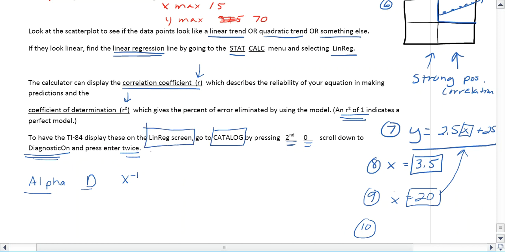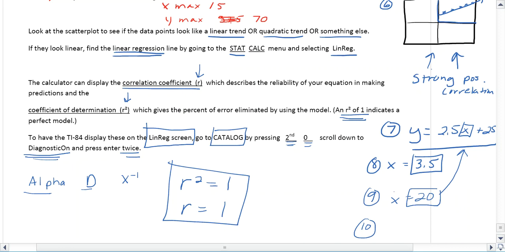So now go back to Stat, over to Calc, down to LinReg, hit enter 5 or 6 times, and now underneath y equals ax plus b, a is 2.5, b is 25. It should say r squared equals 1, r equals 1. So this confirms without a shadow of a doubt we have a perfect fit regression line.